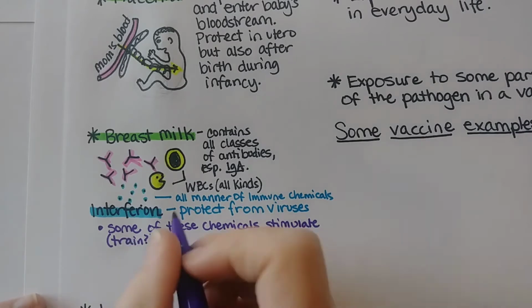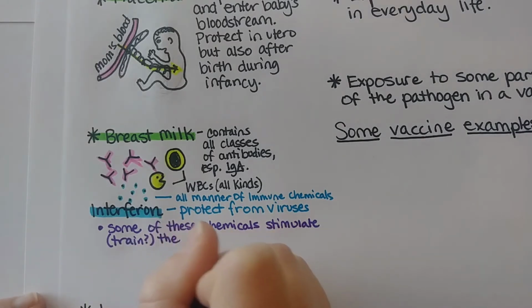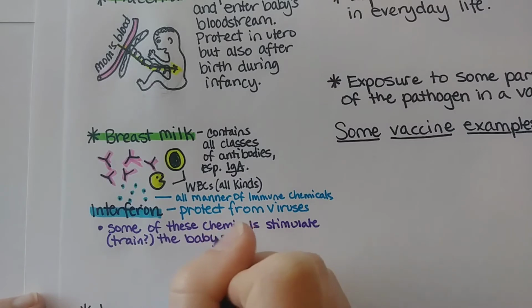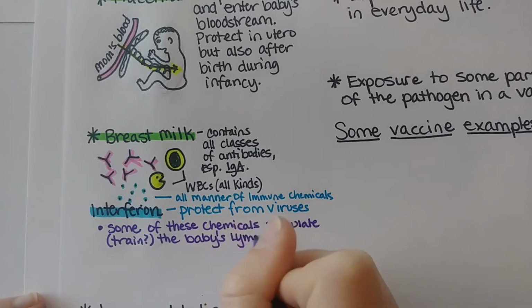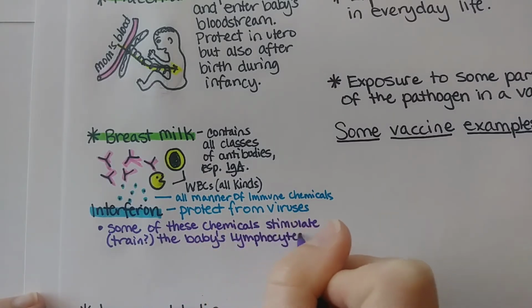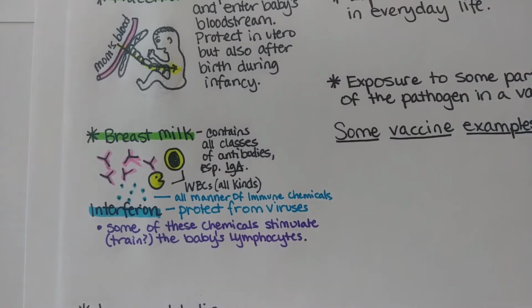Some of these chemicals stimulate or train the baby's lymphocytes so that the baby's lymphocytes are potentially primed for whatever is in its immediate environment that the mother is living in. Now, I'm going to come back to this because this then could potentially be an active form of immunity.